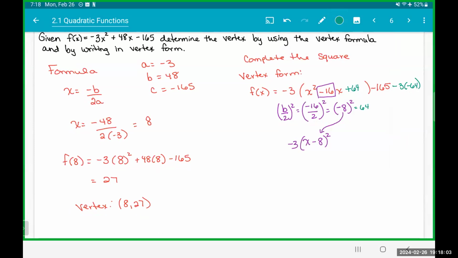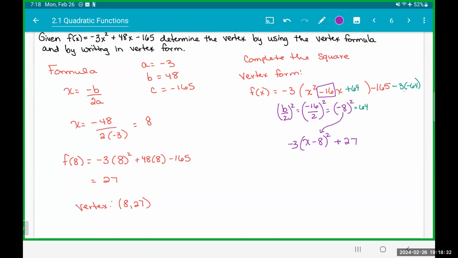So the last thing we have to do is negative 165 minus negative 3 times negative 64. That becomes positive right there, right? And so this is going to leave me with a positive 27.